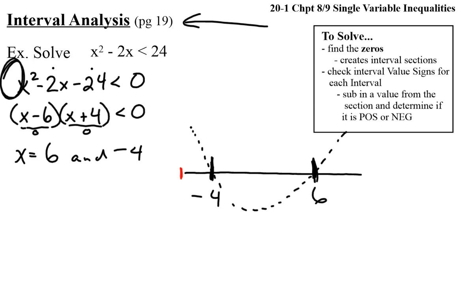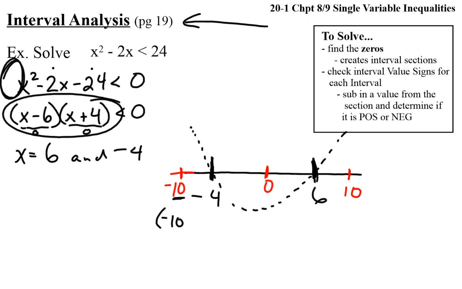So what value is in this left portion? We could just pick something nice and easy to work with. I'm going to put -10. In the middle, 0 falls in there. And up here, we would have +10 on the number line. With interval analysis, you take the value you want to analyze and put it in: -10 minus 6 times -10 plus 4.